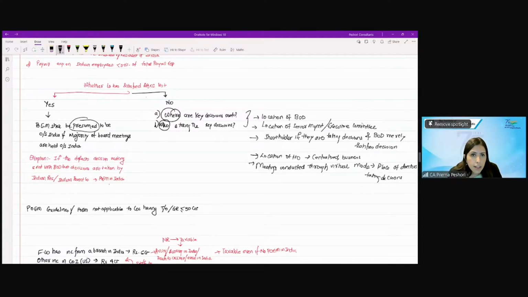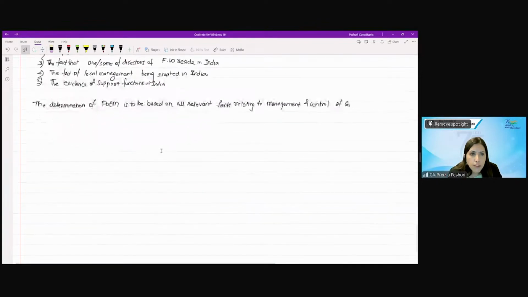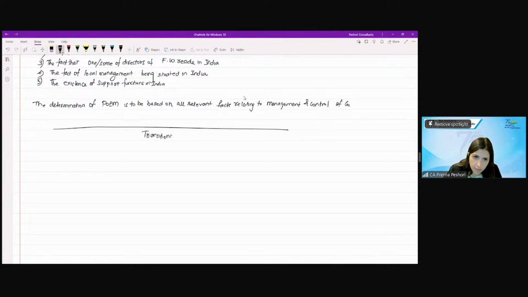Yes or no? Now, in terms of the transitional provision, just write down. The transitional provisions are given under a separate chapter itself, which is chapter 12 BC or section 115 JH.